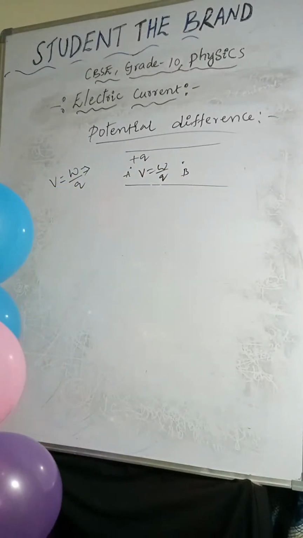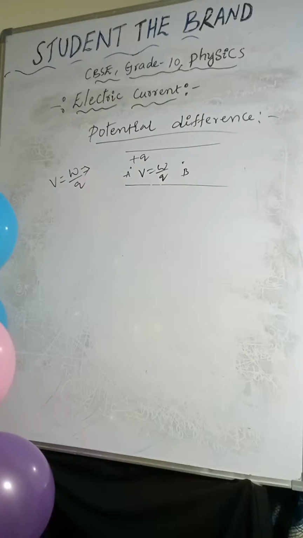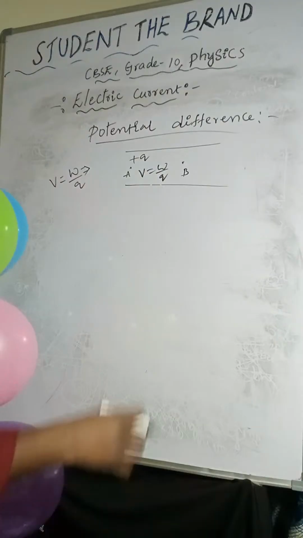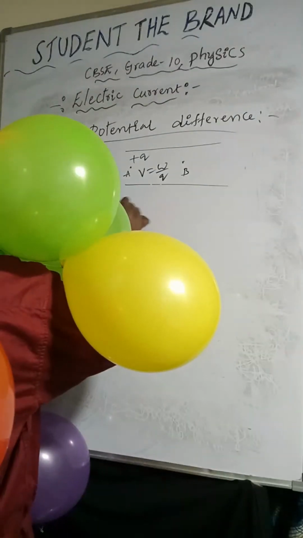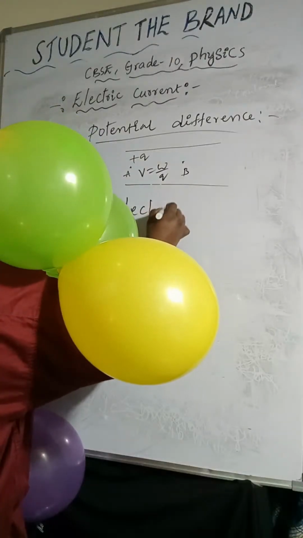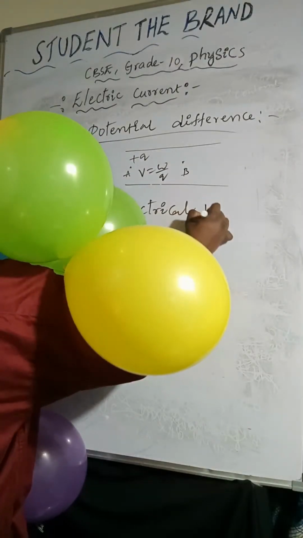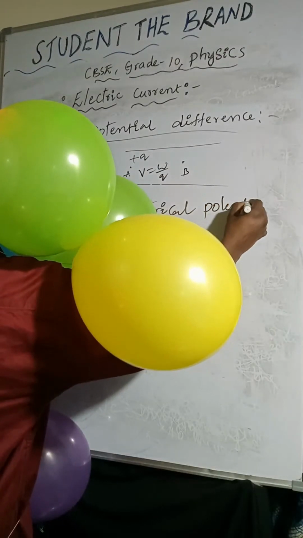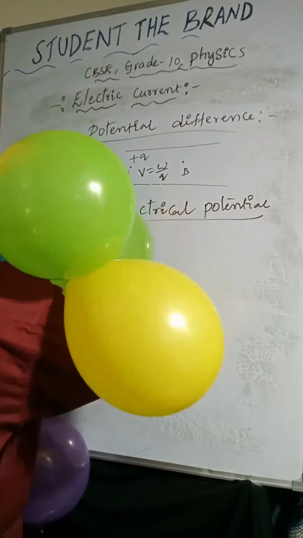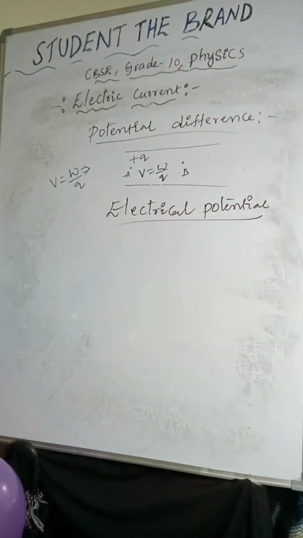Work done to bring unit positive charge from one point to another point within the conductor is called electrical potential difference. Electrical potential is nothing but the work done to bring unit positive charge from infinity to the required field.